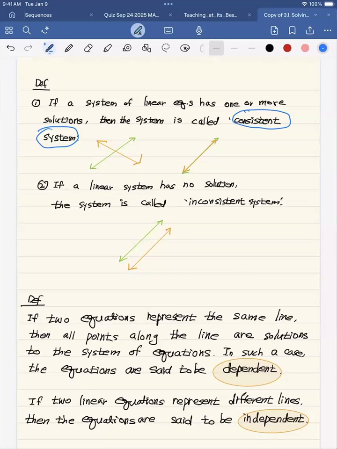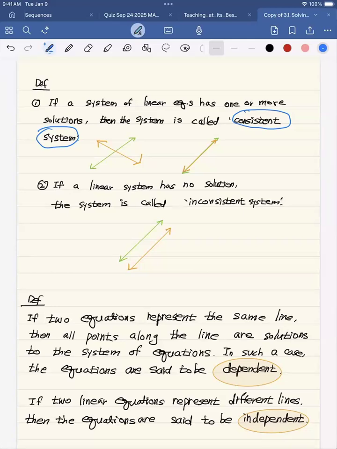If they have the same slope and pass through one common point, then the two lines are identical. So those are two equivalent equations. When that happens, we say the system is a consistent system.